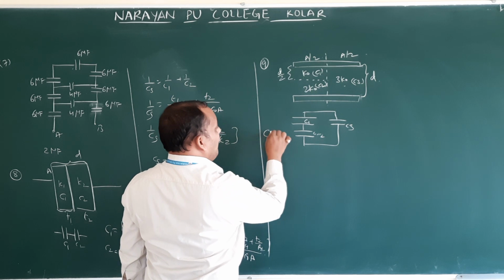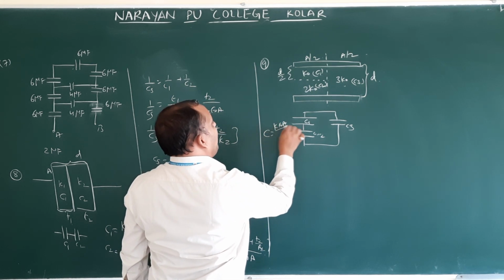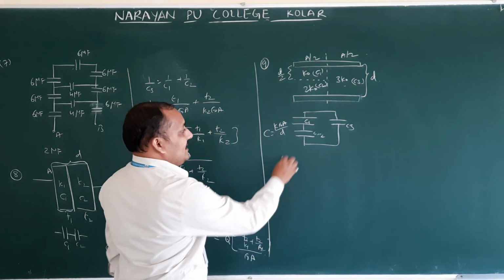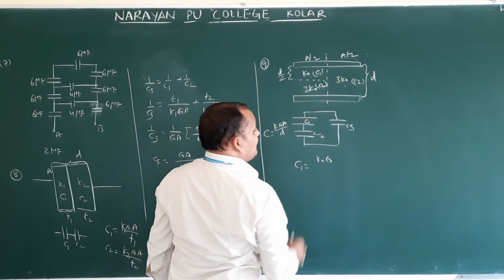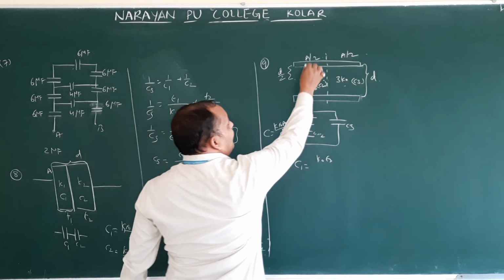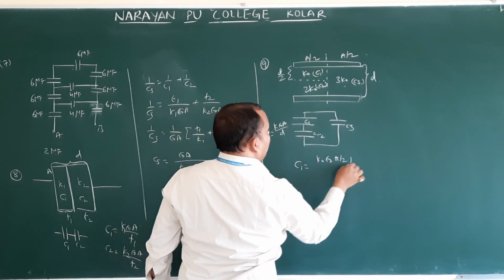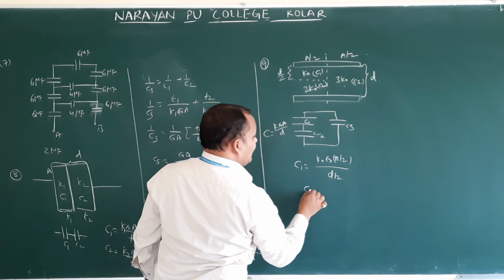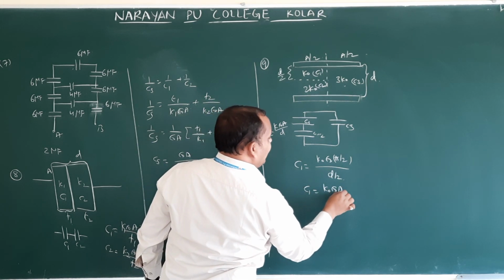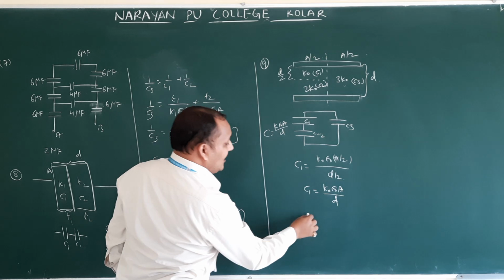The general formula for C is K epsilon naught A by D. Therefore, C1 is equal to, in place of K, K0, epsilon naught. The area value is A by 2, and the distance value is D by 2. Therefore, C1 is equal to K0 epsilon naught A by D. Correct? Now C2.